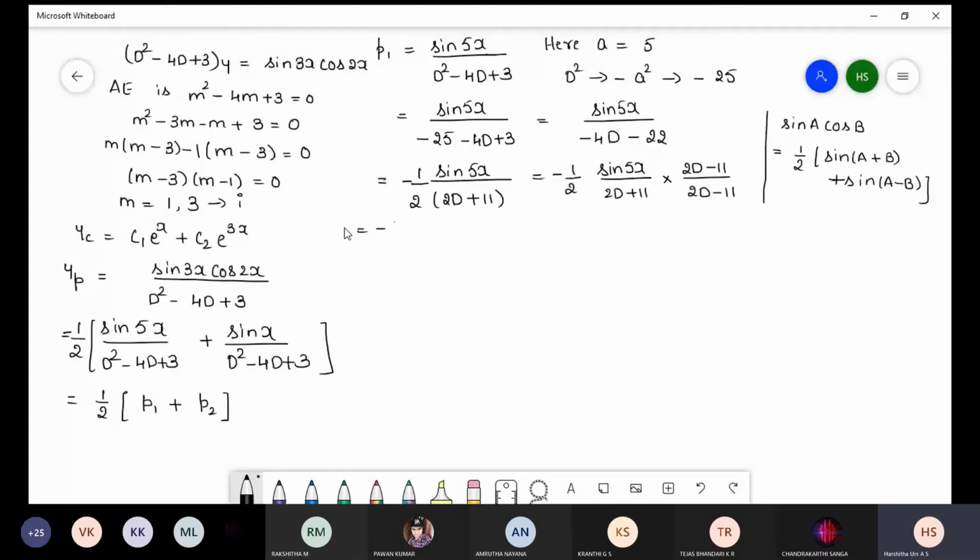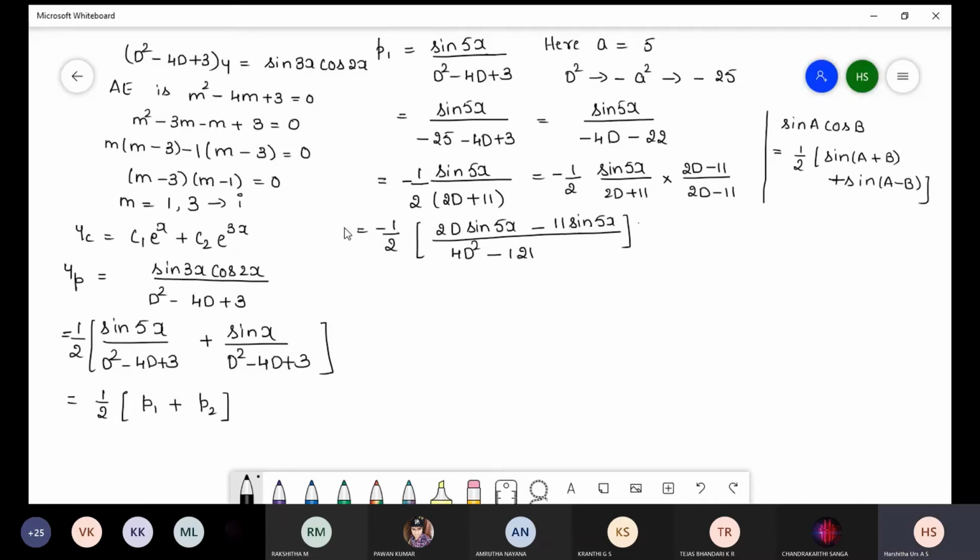So minus 1 by 2, 2 into differentiation of sin 5x minus 11 into sin 5x, divided by 2 2s are 4, so here we get 4D square minus 11 square, which is 121.